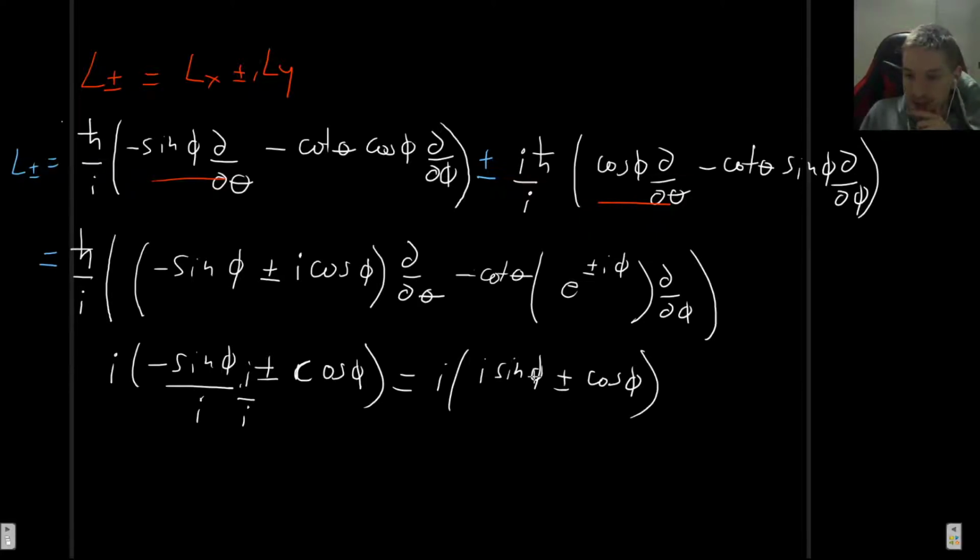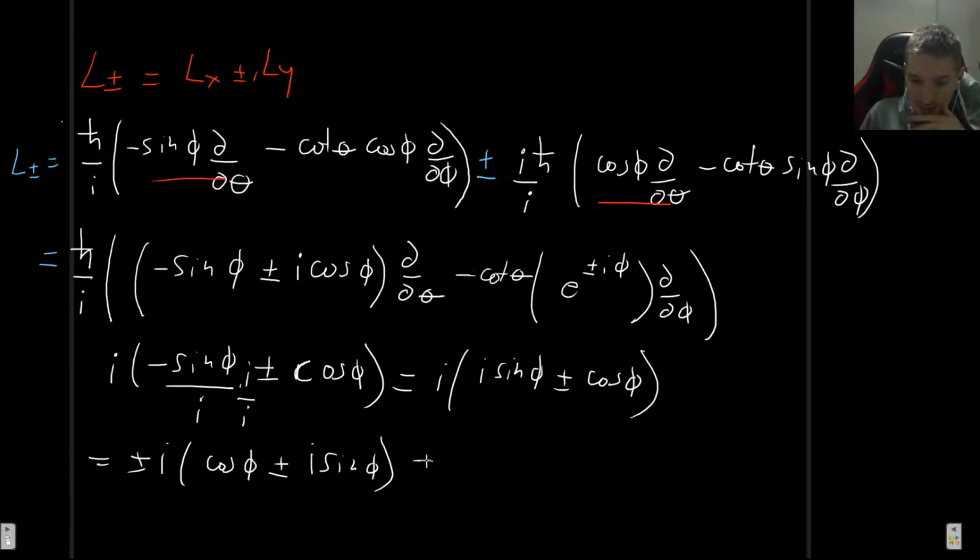So now let's factor out the plus or minus. So we get plus or minus i cosine of phi plus or minus i sine of phi, right? Because this was positive, so if we have a plus sign out here, we need a plus sign here, and if this is a minus sign, we need a minus sign here to make sure that we haven't done anything illegal.